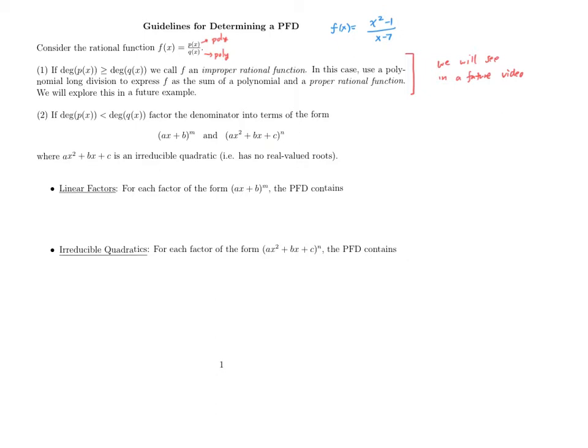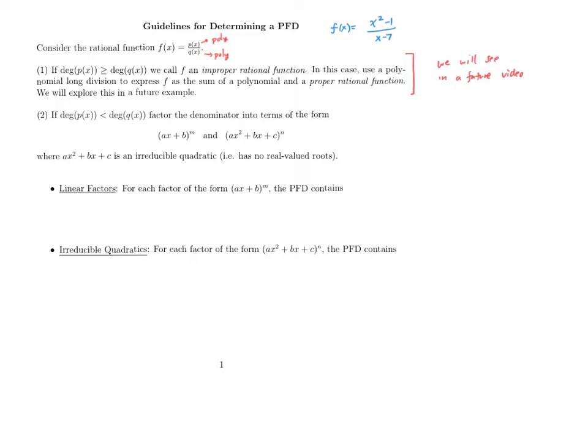An irreducible quadratic is something that does not have any real roots, so it doesn't factor further into two linear terms. Once we have this polynomial q(x) in the denominator completely factored, the factors of q(x) will tell us what terms and how many terms will appear in our partial fraction decomposition.